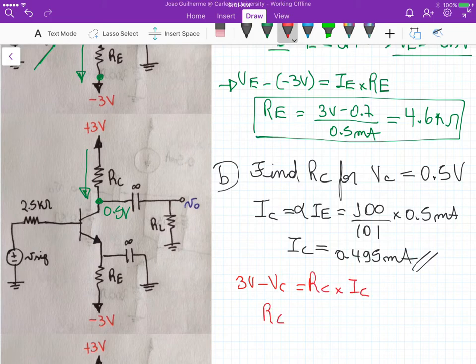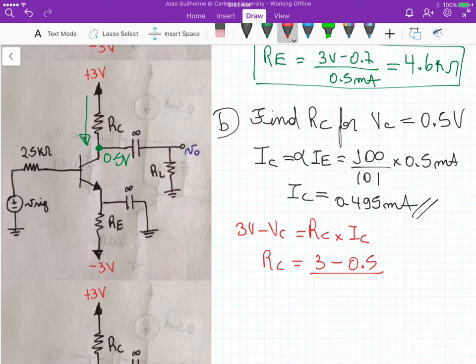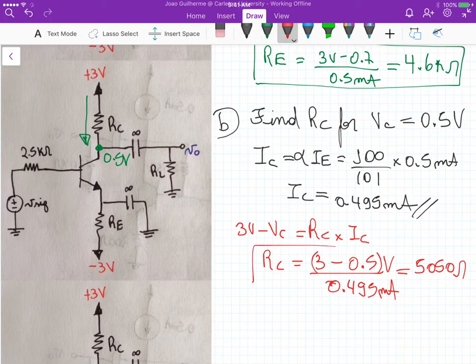So RC is equal to 3 minus VC, where VC is 0.5, divided by the collector current, 0.495 milliamperes. This thing here is volts, and this gives us a collector resistance of 5050 ohms. Okay, so this is RC.